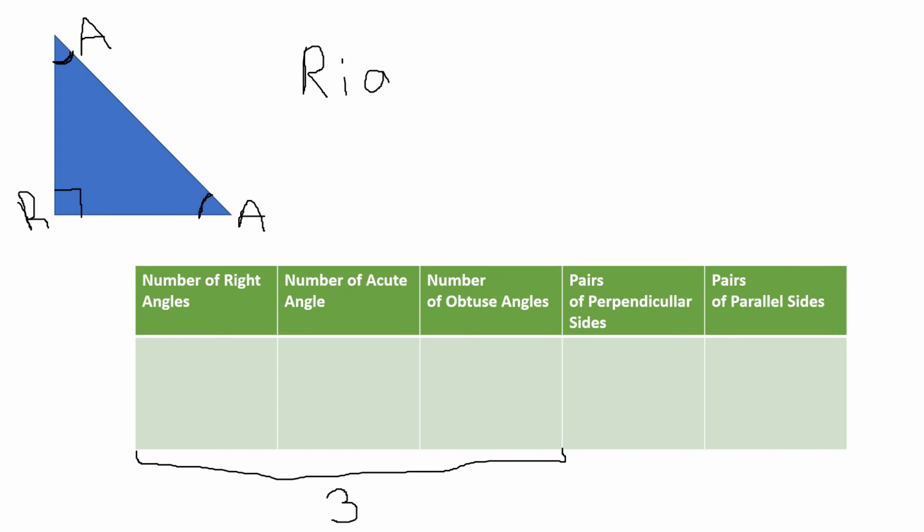A right triangle will always have 1 right angle and 2 acute angles. Whoops, that's supposed to be a T. Right triangle. So a right triangle has 1 right angle and 2 acute angles.